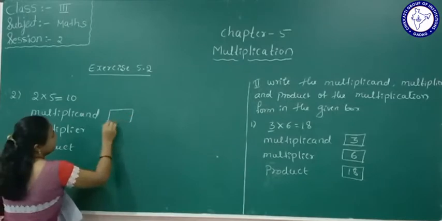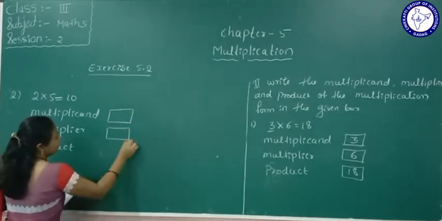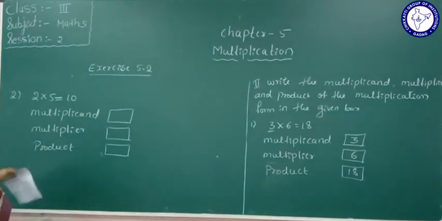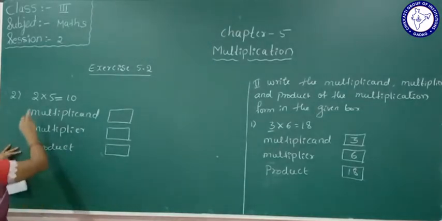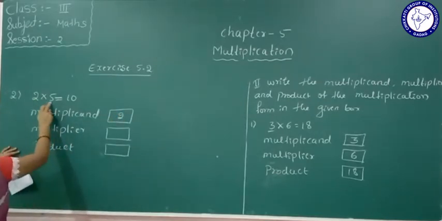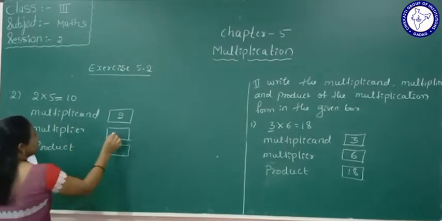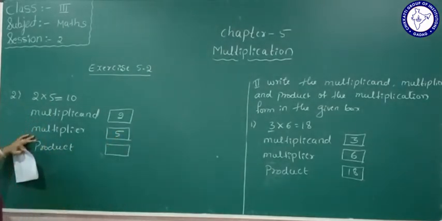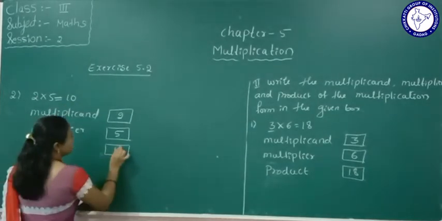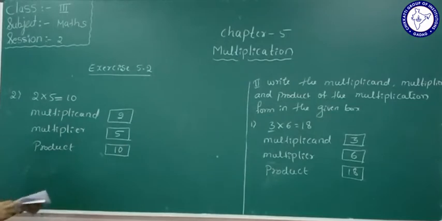So we'll write here. Yes students, 2 is the multiplicand, 5 is the multiplier. So we multiply 2 by 5. So which is the product here now? This result we call the product. Yes, understood students? The remaining ones in this second main you do yourself only.